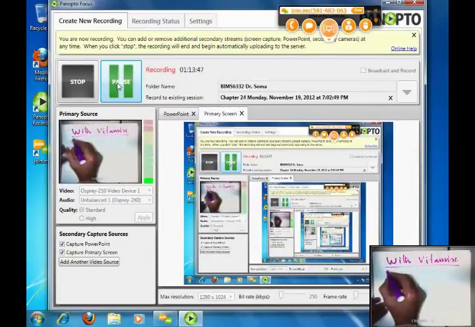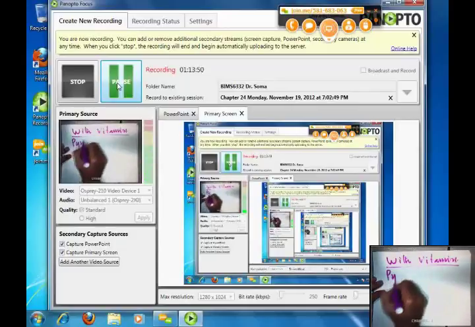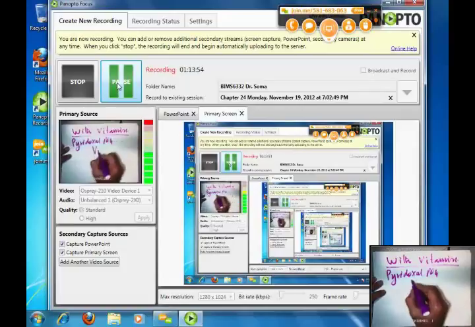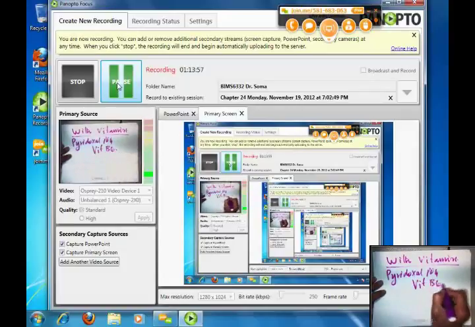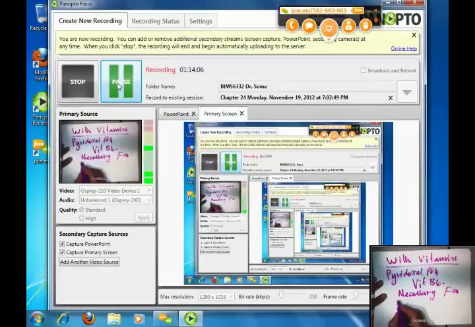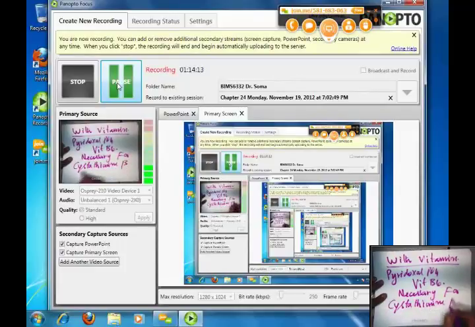In this case, pyridoxal phosphate, which is vitamin B6, is necessary for the cystathionine beta synthase enzyme. This enzyme, which I mentioned earlier, is needed for the homocysteine and serine combination.